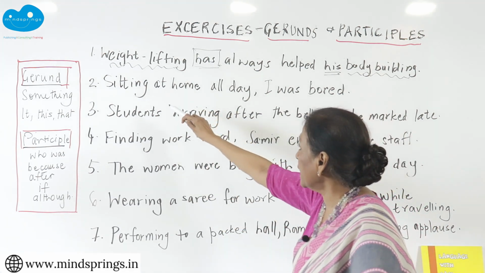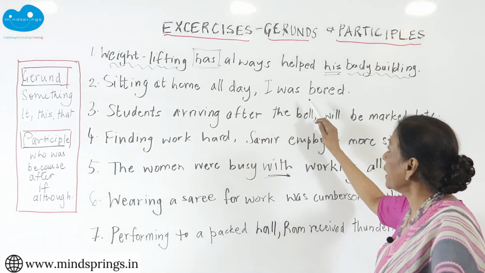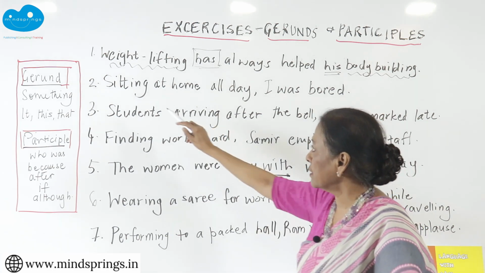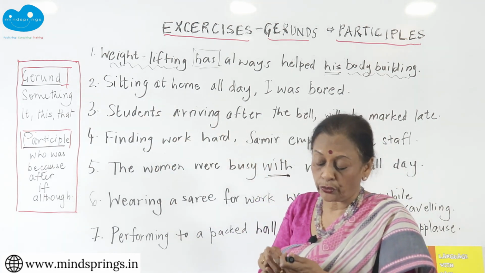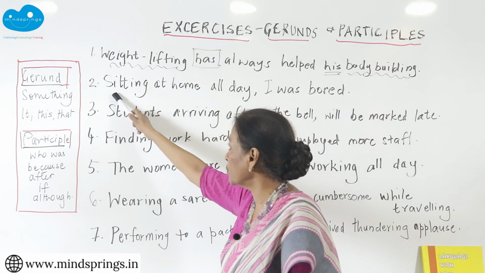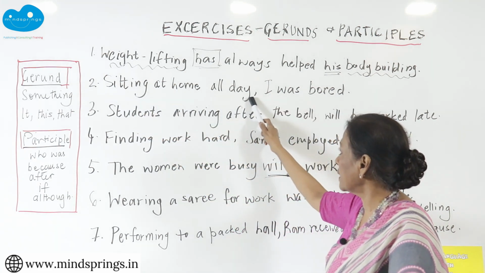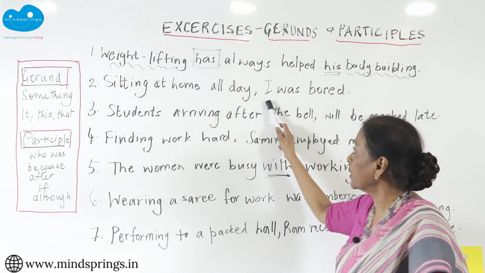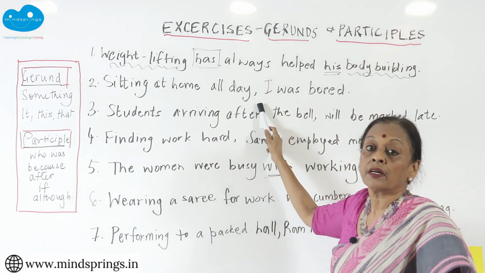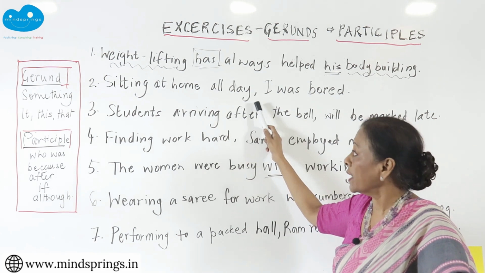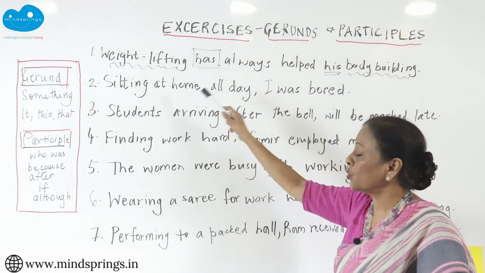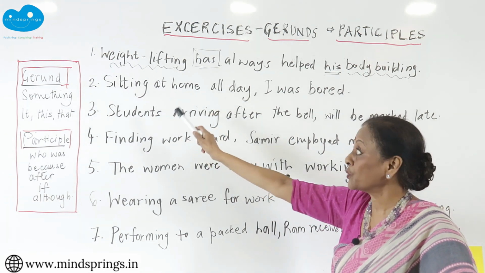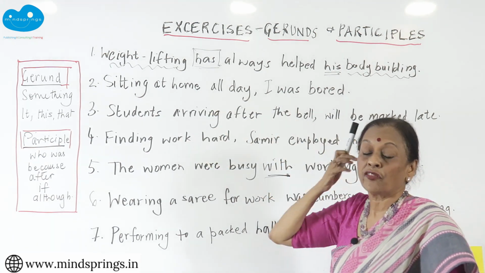Second one is "sitting at home all day, I was bored." So, what do you have here? Now, if you do a finger check like I told you to do, and you say sitting, you will hit I. You are not hitting a verb like you hit there, you are hitting an I, which is a pronoun, and therefore, you will immediately know that it is a participle, because if it was a gerund, it would have hit a verb.